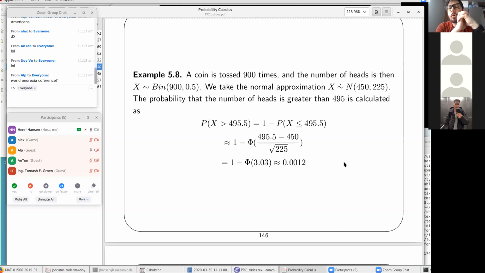About 24 in 10,000, so that's 2.5 in 1,000 cases, will have a head count that is more than 10% off from the expected value, so plus or minus 10%. That's pretty rare. Most of the probability mass is centered around the middle.